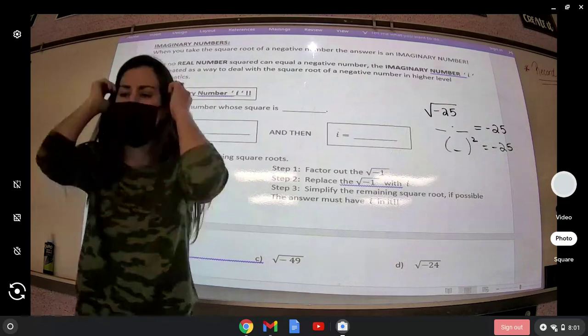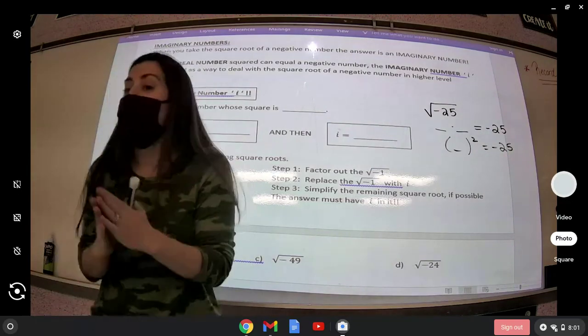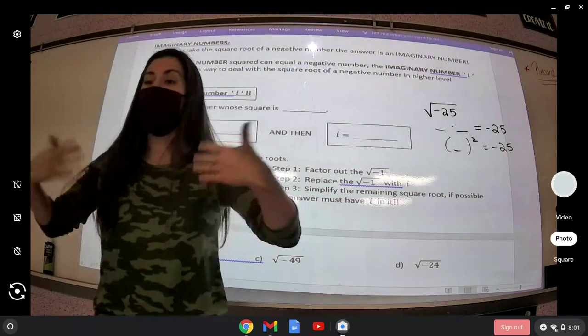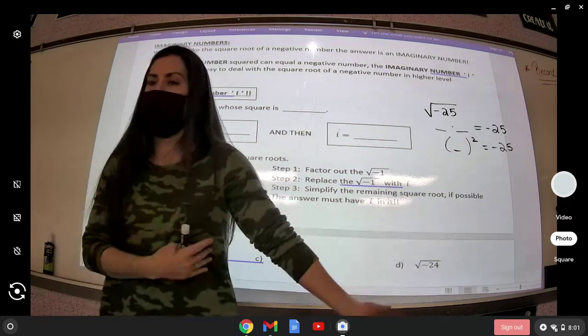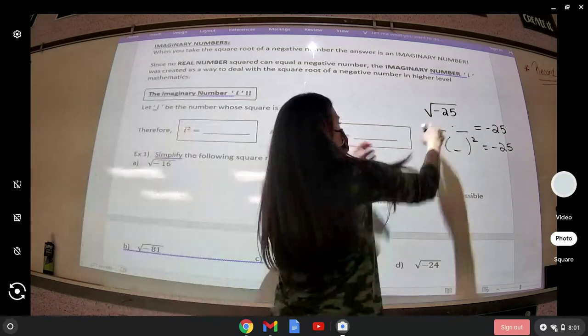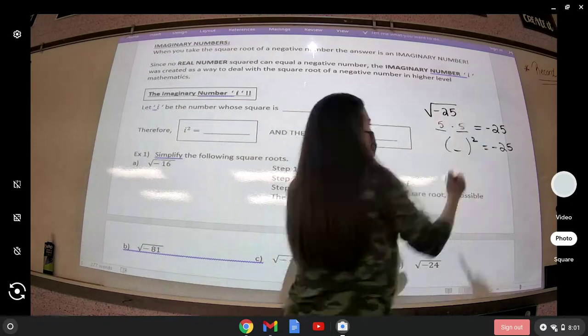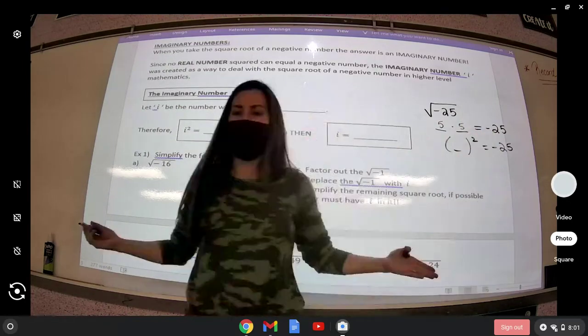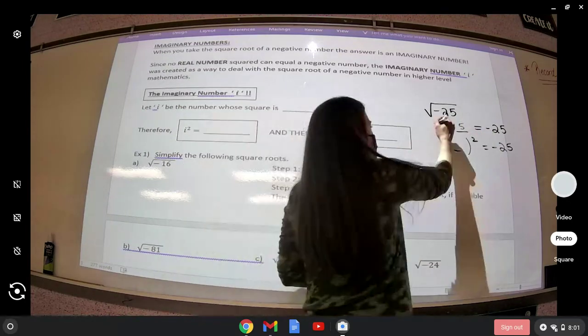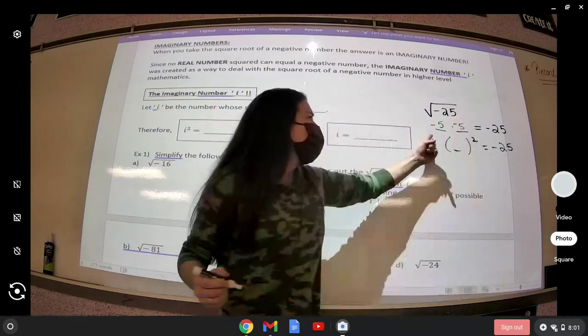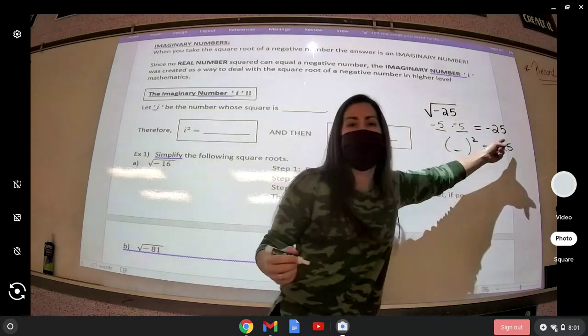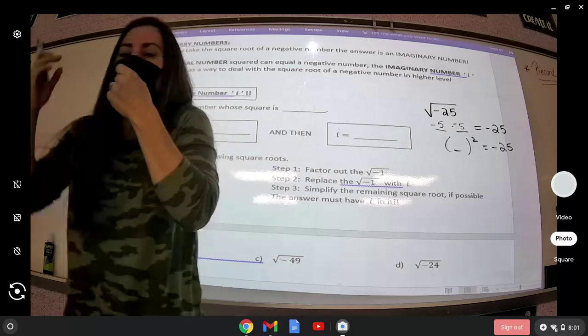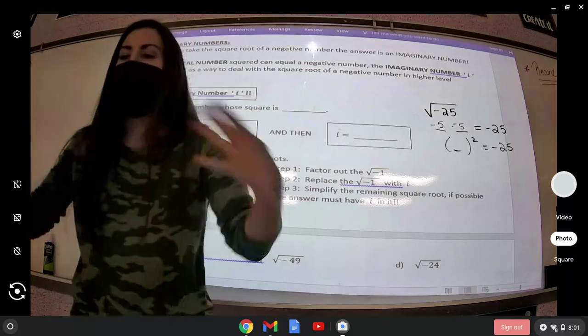The problem is, there's no real number that you could multiply by itself twice that would end up equaling a negative. Think about it. If this was 5, well, 5 times 5 won't equal negative 25. And you say, oh, it must have been negative 5. Well, negative 5 times negative 5 wouldn't multiply to negative 25. There's no real number for this problem.